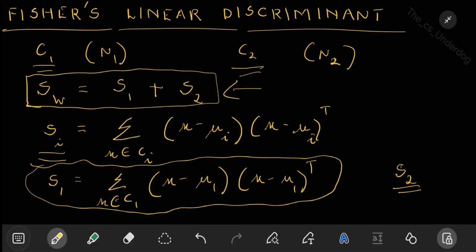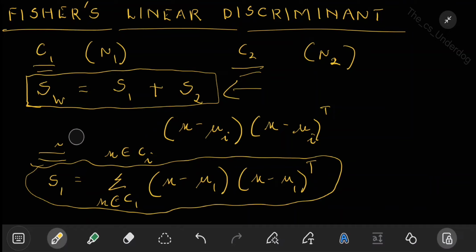This is again something that we'll use in the derivation. So keep in mind, Mu1 is the mean of first class, Mu2 is the mean of second class, and the next concept we introduced is the total within class scatter, SW.